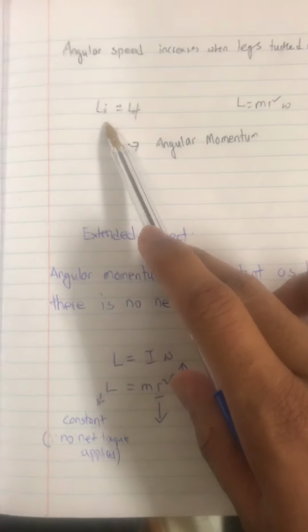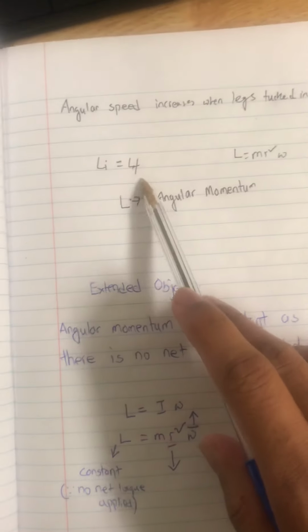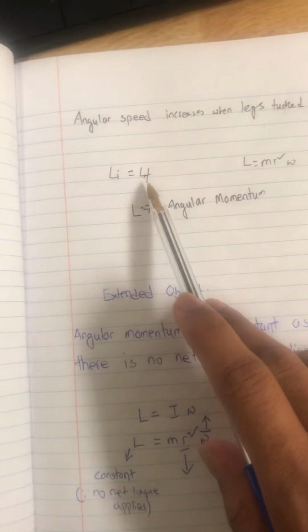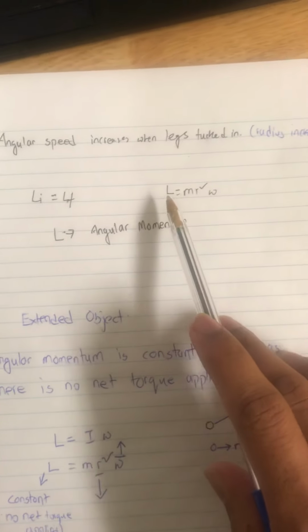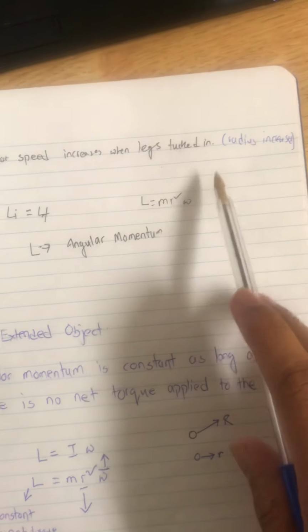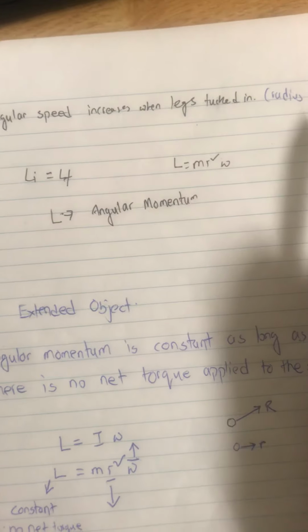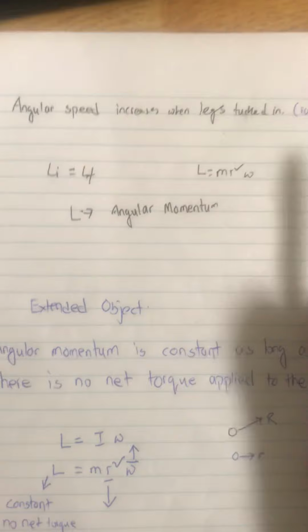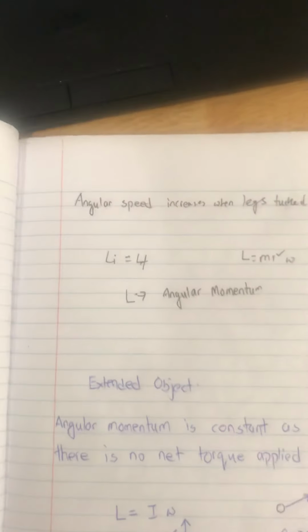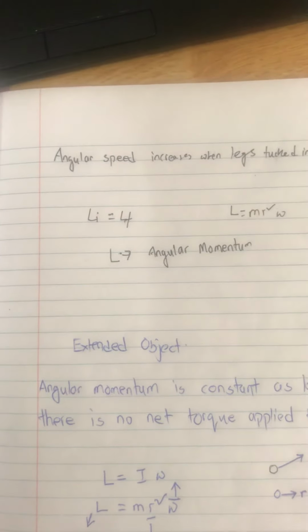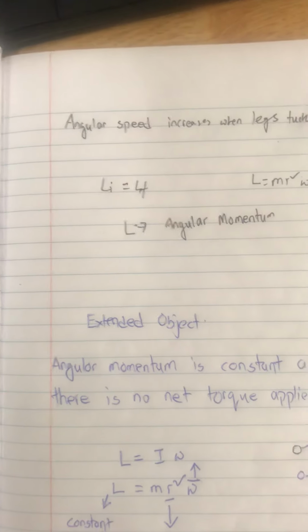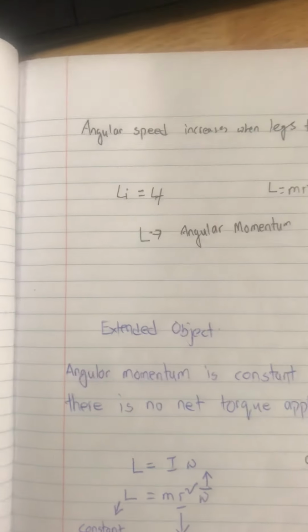So that means the initial momentum should be equal to the final momentum, that is Li equals Lf. According to this, the angular speed increases when the radius is short. So consider the example of an ice skater. When the ice skater tucks in their legs, he or she moves faster.